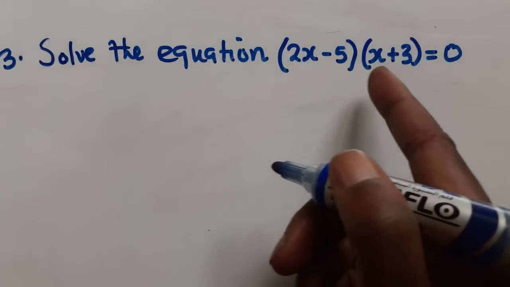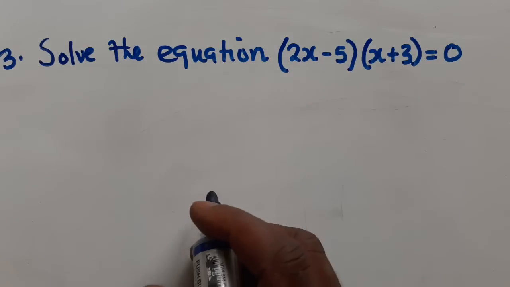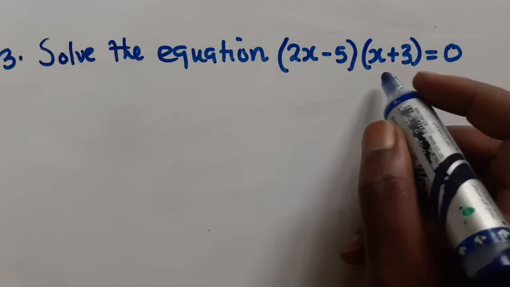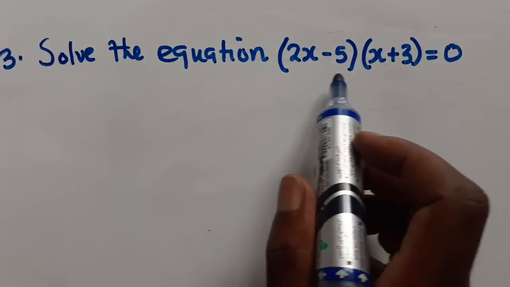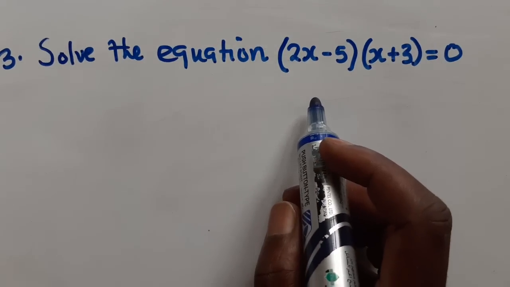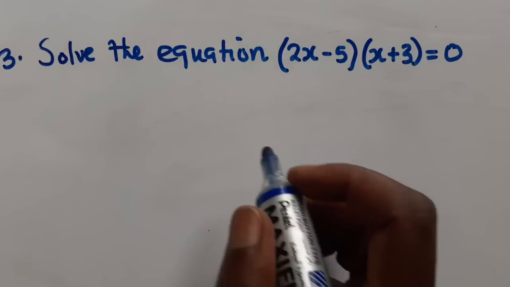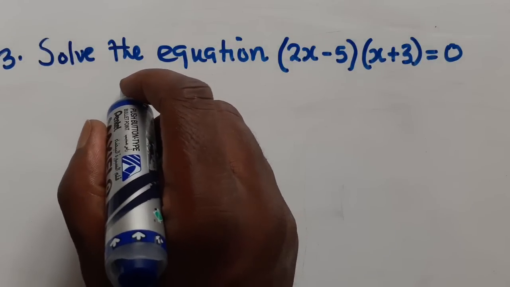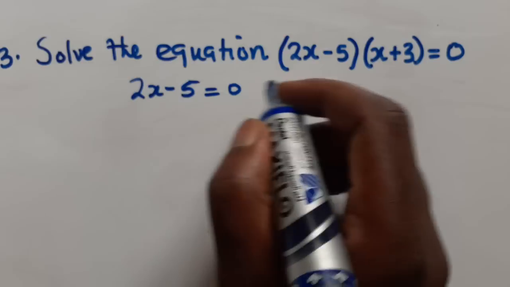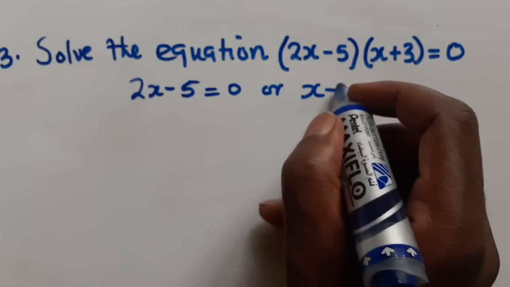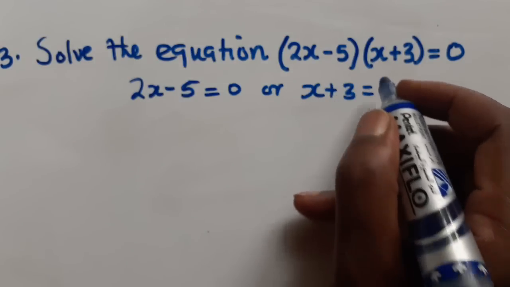So what are we supposed to do here in order to get the values of x? We are going to equate each of these factors to 0. So we're going to say 2x minus 5 is equal to 0, or x plus 3 is equal to 0.